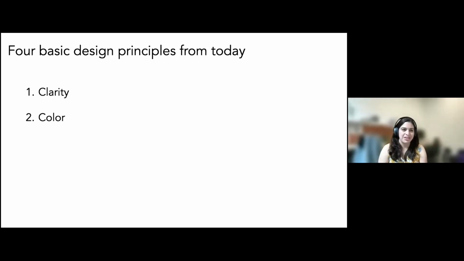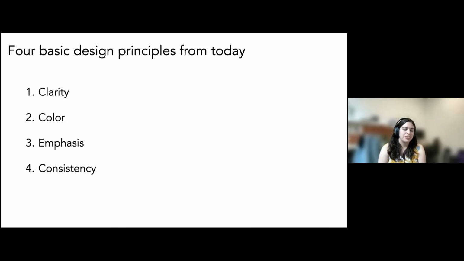And I know that color is something people really like to use, and so thinking about how to do that effectively is important. We talked a little bit about emphasis and how there are lots of ways to do that, some of which are color or different grouping or size or shape, but that you can't emphasize everything, and there are often choices that have to be made in terms of what is important and what is not.